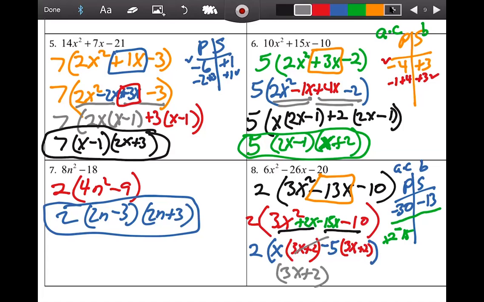Okay. x minus 5. And then there's an x minus 5 for the x and the minus 5. What did we forget? The 2. Yeah, we got to bring the 2 down. Okay. So we took care of the 3x plus 2s, took care of the x minus 5, we took care of the 2. Done.